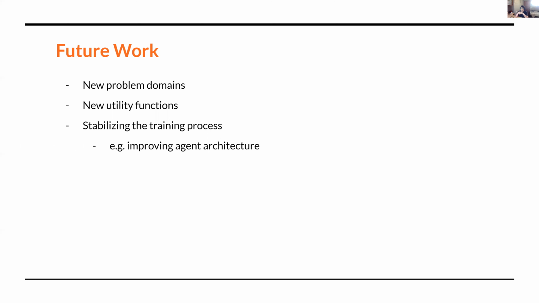If I were to make a recommendation, I would not continue, as we've done in this work, with having an agent output scalar Q values. I don't think it's good for the agent to try and approximate the utility function.